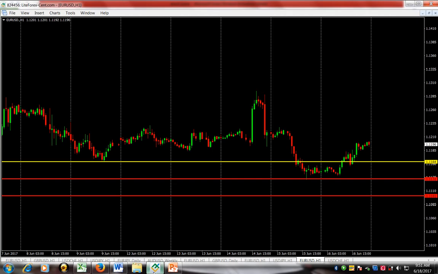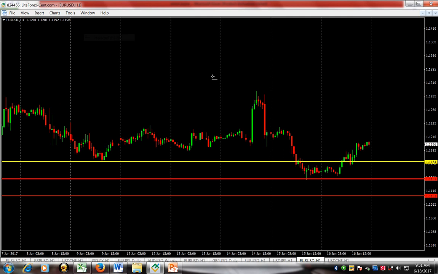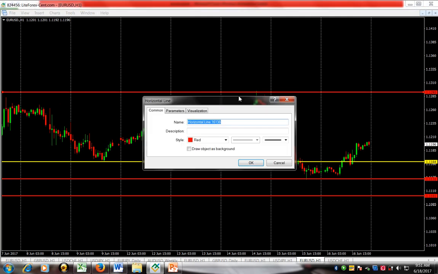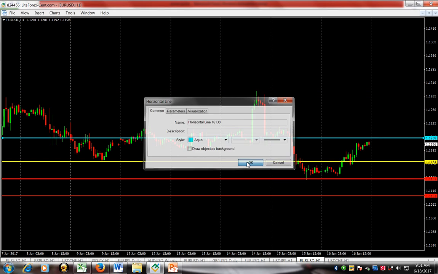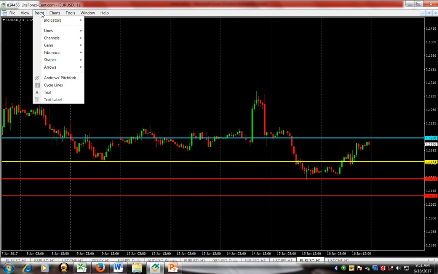The resistance here is 1.1208, right? I use blue for my resistance so that there will be no color conflict. So this is R1.